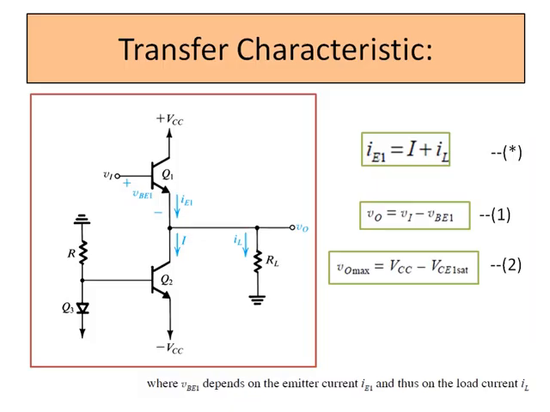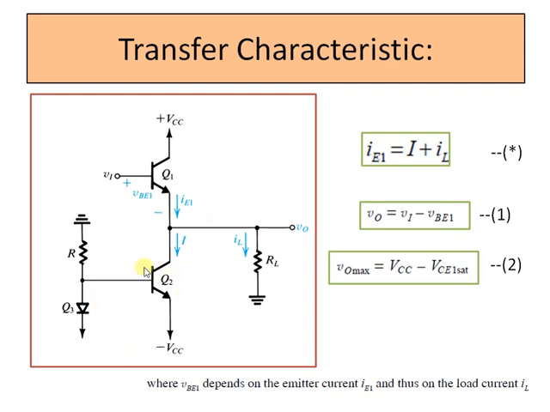Now coming to obtaining the transfer characteristics of the Class A output stage. Here we have a Class A circuit wherein we make use of an emitter follower, mainly because of its low output resistance. If you look at this circuit, you would observe that it is a little different compared to the normal emitter follower circuits that we have seen earlier.